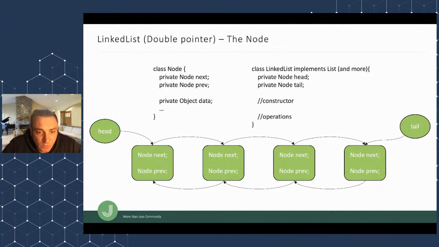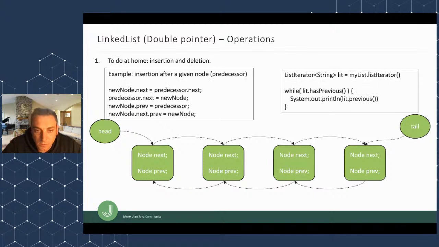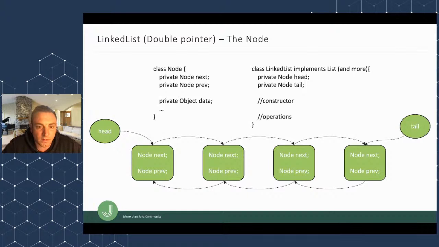What happens now is that we add an object reference in the node of the list. You can see on the left part of the slide, and you can see that we also keep a pointer to the tail of the list.